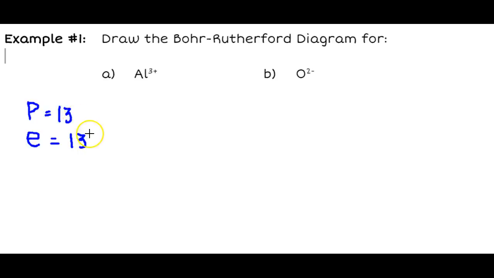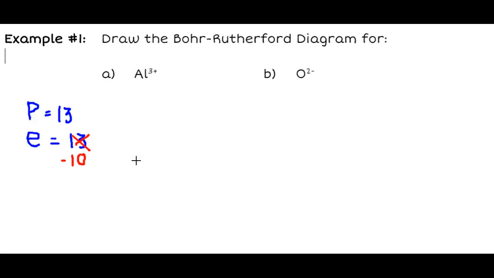So the only way that I can come up with an overall positively charged ion is to reduce the number of negative charges. And by how many? Exactly 3. So instead, I would see aluminum having 10 electrons, because 13 positives and 10 negatives gives me an overall charge of positive 3.